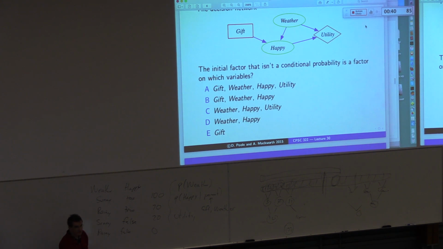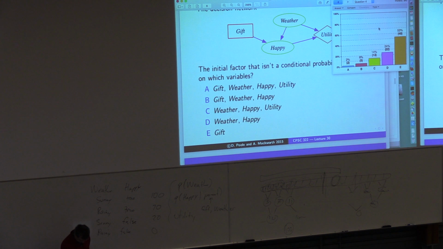All right, anyone need more time? 3, 2, 1. It's this factor on weather and happy. The answer is D. There isn't a factor for gift. There's no factor for decisions. It's this factor. We just did it. You need this factor, and this factor.